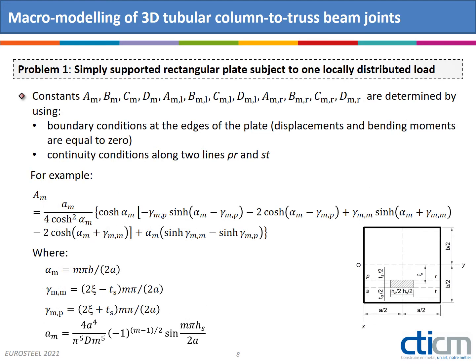Constants of this function are determined by using boundary conditions, as at the edges of the plate, displacement and bending moment are equal to 0, and continuity conditions along these two lines PR and ST.